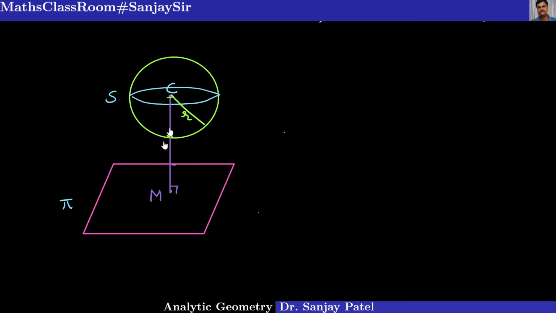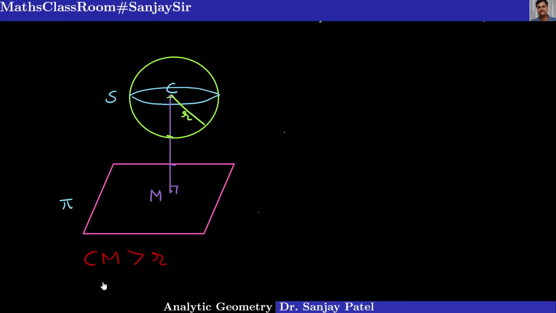So obviously, if this situation arises, you can say immediately that the plane is not intersecting the sphere. We can have different situations. This is the one case. You can note down that in this case, the distance CM is greater than r.